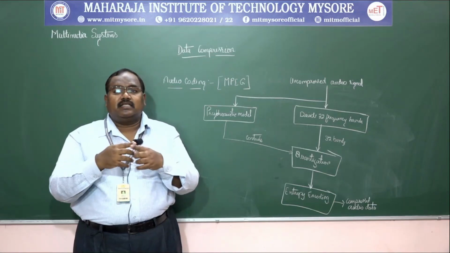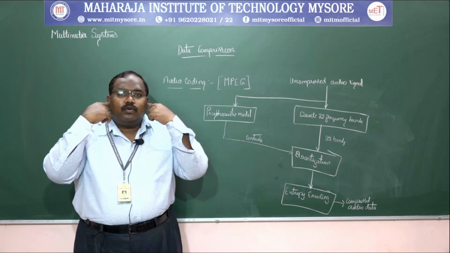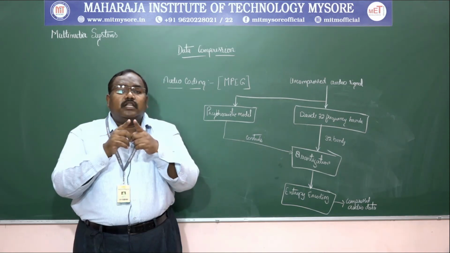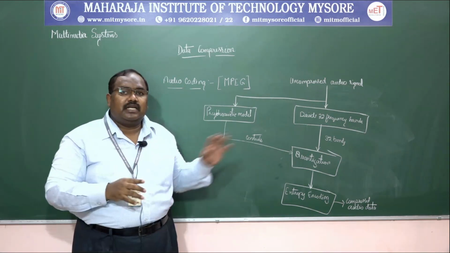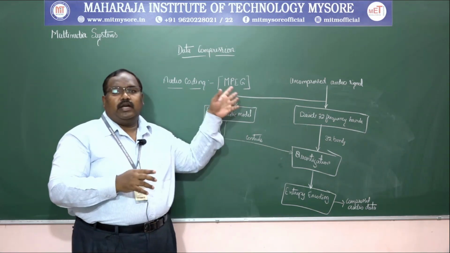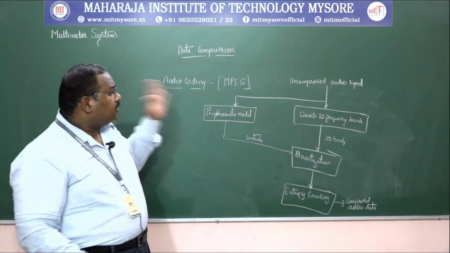In some other cases, you have an equal sound level in both earphones. So it is not the fault of the earphones or headphones, it is the compression technique deployed there. So this is about the audio coding.